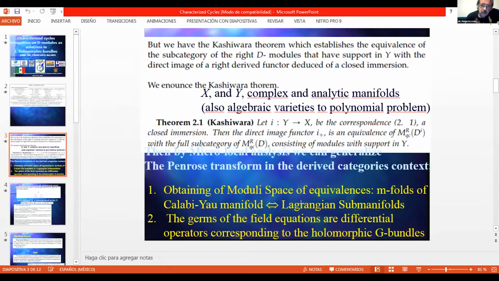In this step, we have two objects, the geometrical objects and the algebraic objects, and we establish the equivalence between these objects through the special version of the Penrose transform.